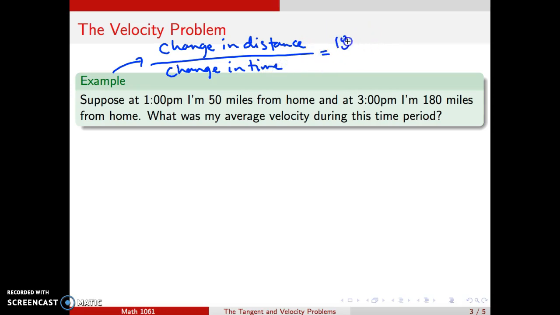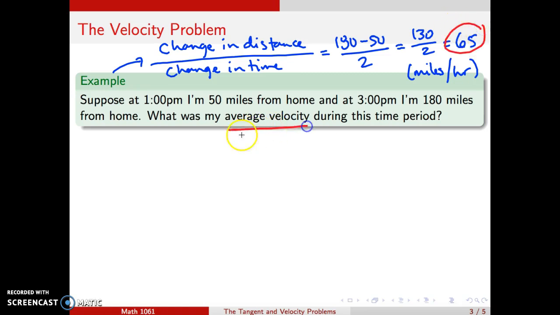That's 180 minus 50 miles over a change in time of 2 hours, so that's 130 over 2, or 65 miles per hour. So that's my average velocity during that time period.